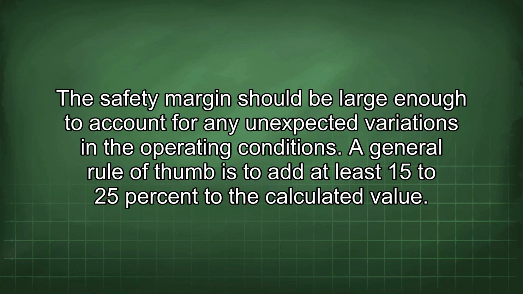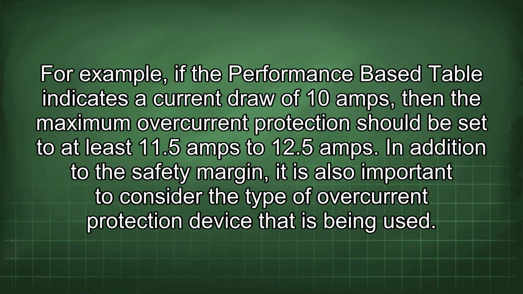The safety margin should be large enough to account for any unexpected variations in the operating conditions. A general rule of thumb is to add at least 15 to 25% to the calculated value. For example, if the performance-based table indicates a current draw of 10 amps, then the maximum overcurrent protection should be set to at least 11.5 amps to 12.5 amps.